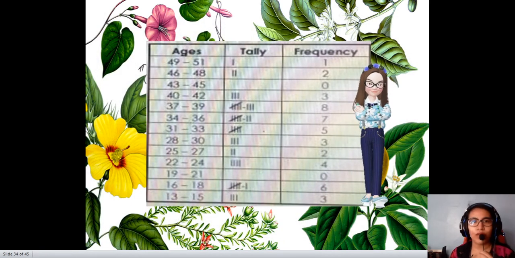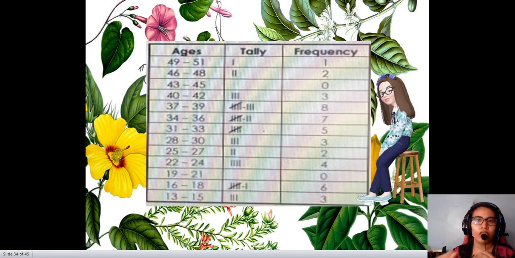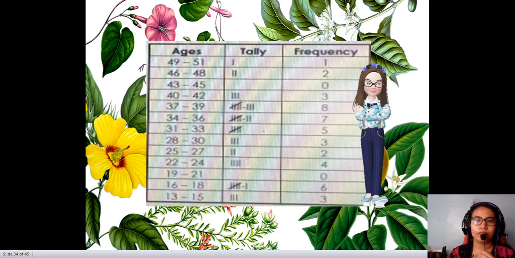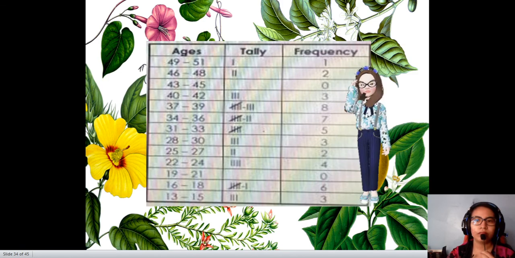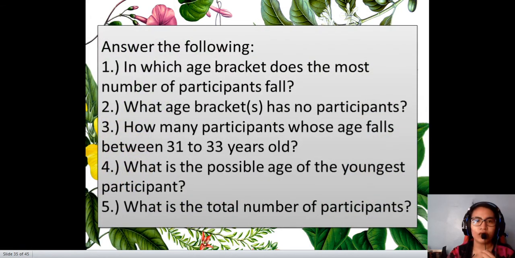Here we have the complete frequency distribution. You need to take a look at that and answer the following questions. First, in which age bracket does the most number of participants fall? Second, what age bracket or brackets have no participants?